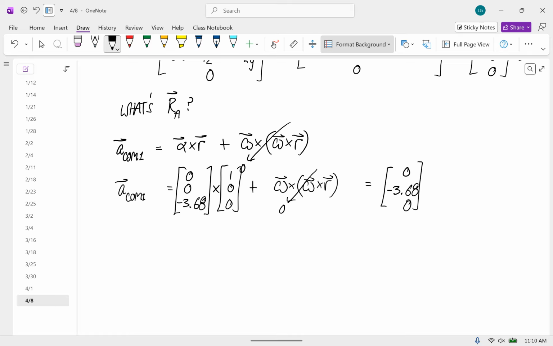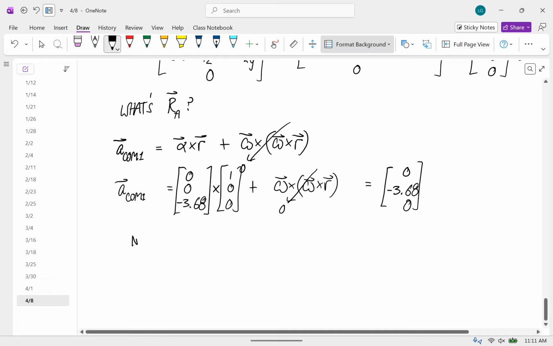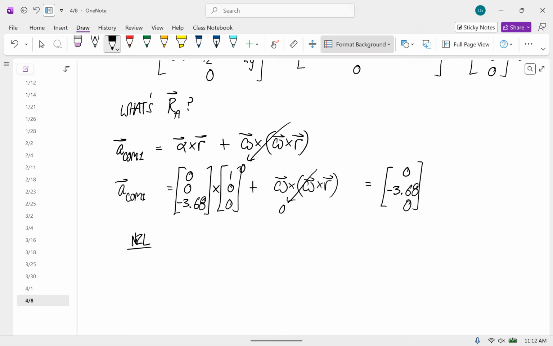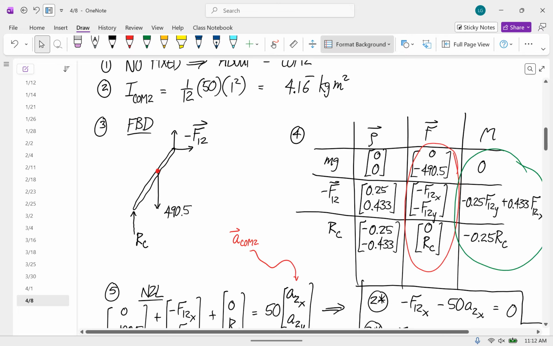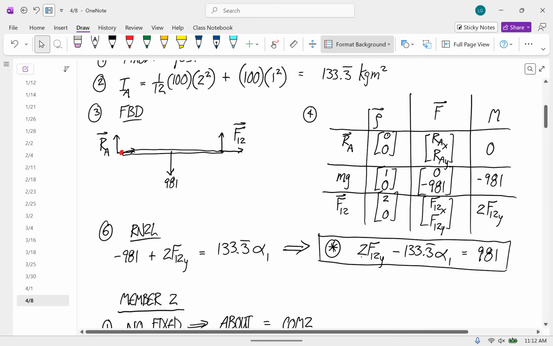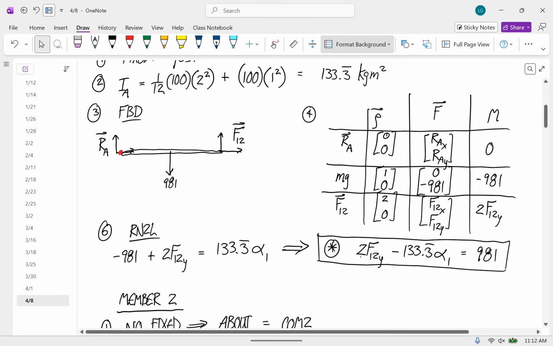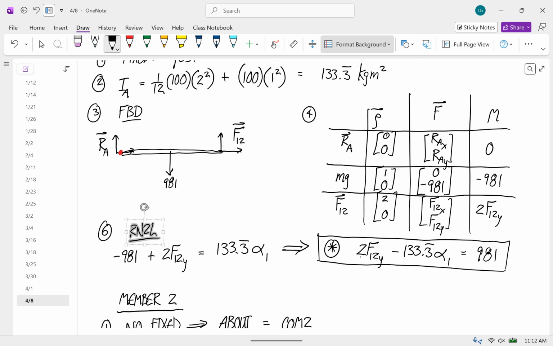Okay, who needs more time to plug this into Newton's laws? I'll give you a couple minutes to do that, and then I'll plug it in and we'll calculate that reaction force. So let me do Newton's second law. We already have these forces listed out. I'm just going to add these up and set it equal to the mass times the acceleration of the center of mass.